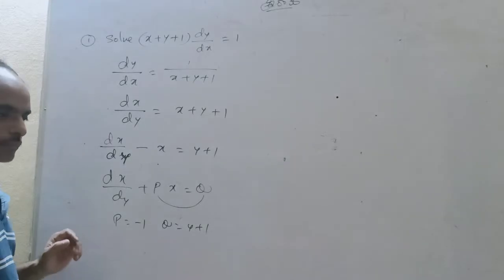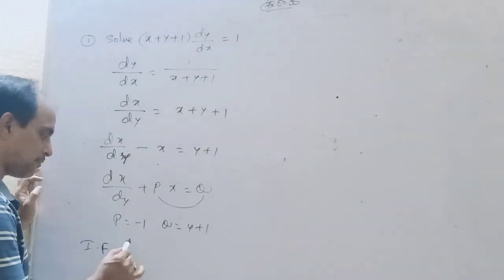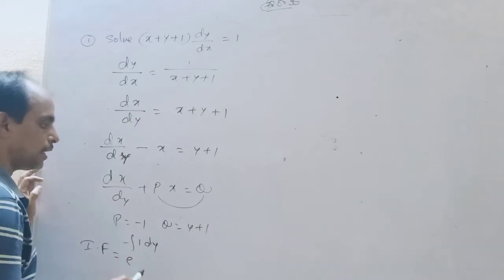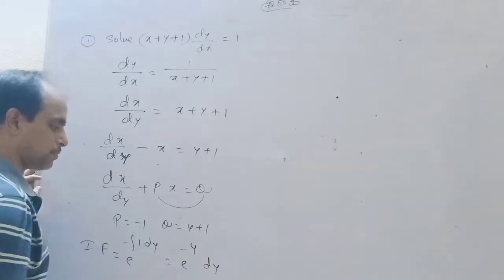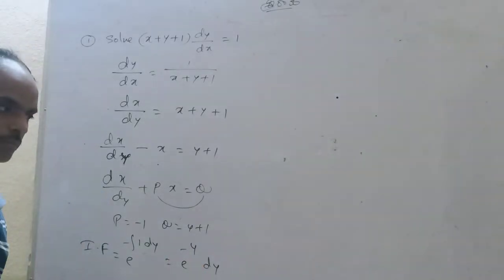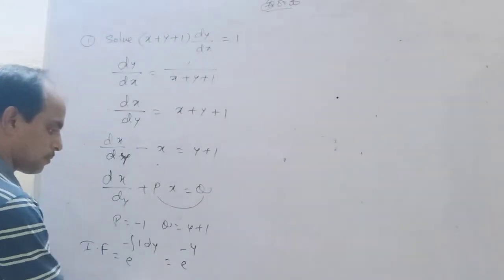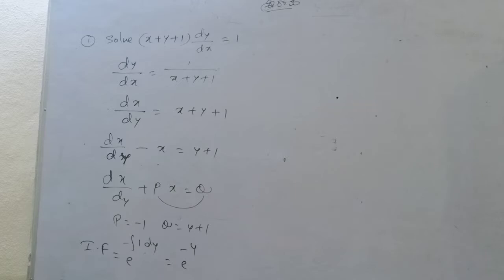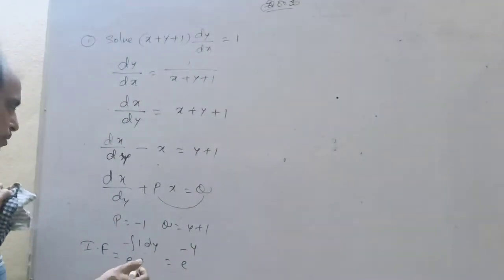Then integrating factor, I.F. is equal to e to the power of integral of P dy, that is e to the power of integral of -1 dy, e power minus y.